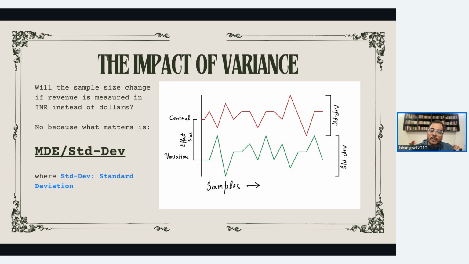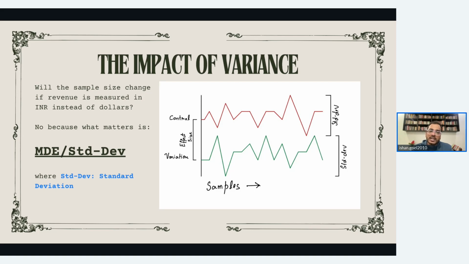So the impact of different changes is larger in INR in absolute numbers, and in dollars it's going to be smaller in absolute numbers. Someone asked me, if what matters is the absolute difference, and this is something I wanted to share. I think I missed in the MDE part that it is the combination of MDE and baseline conversion rate multiplied together, which gives you the absolute difference that matters in deciding the sample size.